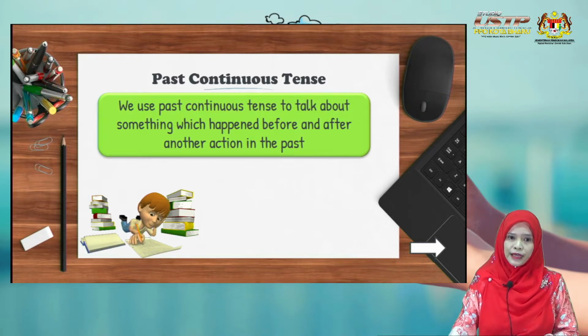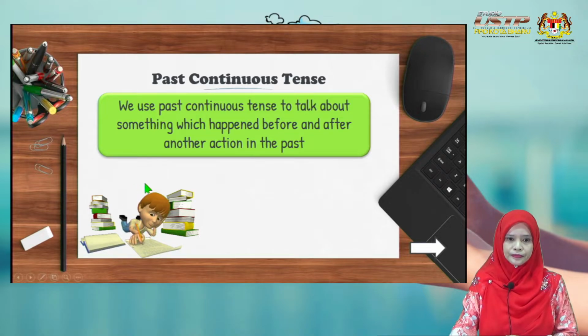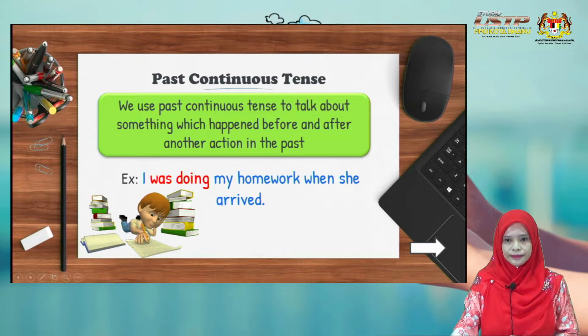We use past continuous tense to talk about something which was happening before and after another action in the past. Example, I was doing my homework when she arrived.